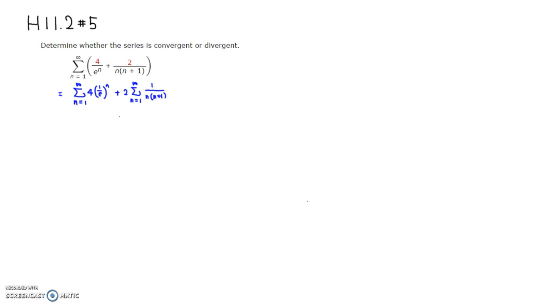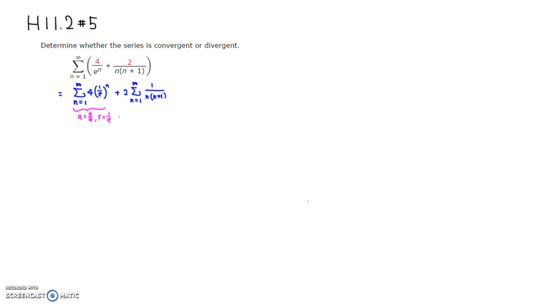Then you notice that the first one is a geometric series, so we just have to find the a value. The a value in this case is just the first term, so you have 4 times 1 over e to the first power, which is just 4 over e. Our r value looks like 1 over e.